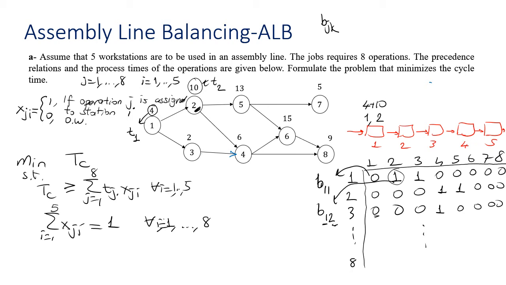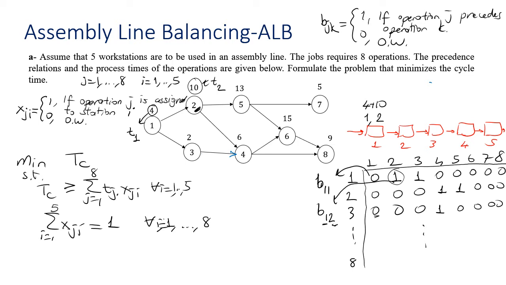So bjk is a parameter which takes only 2 values, and it takes the value of 1 if operation j precedes operation k and 0 otherwise.